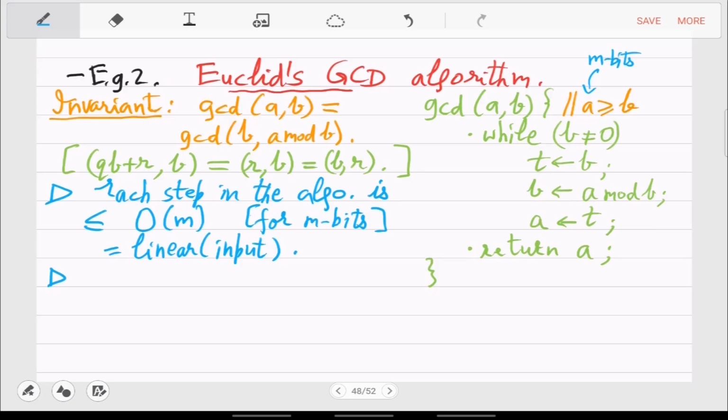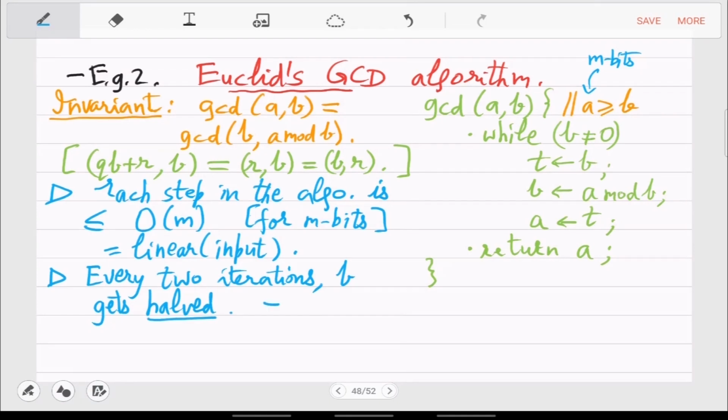How many times will this while loop run? The property is that every 2 rounds, B actually gets halved, which means that there are only log B rounds, or iterations.